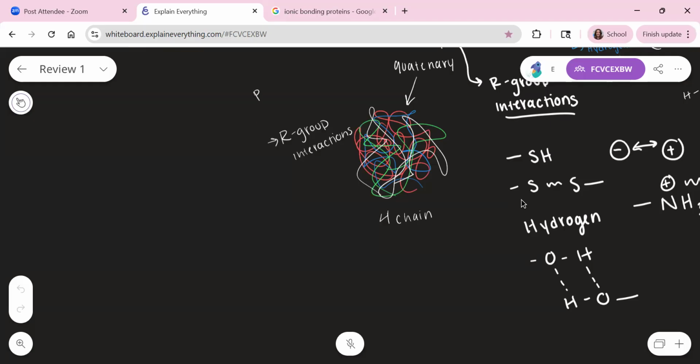So polar, remember, is hydrophilic, and if we have something that's non-polar, it's like oil. So it's not going to dissolve in water. It's not going to like water. So that's when we get our hydrophobic.